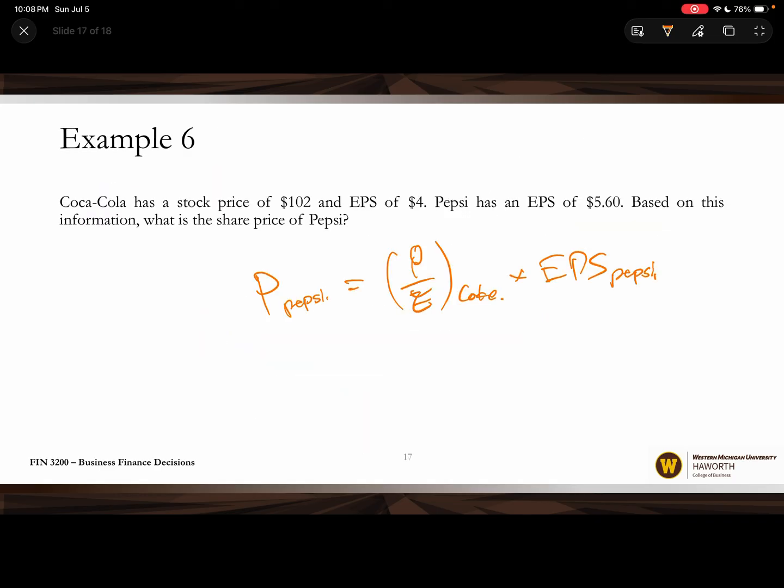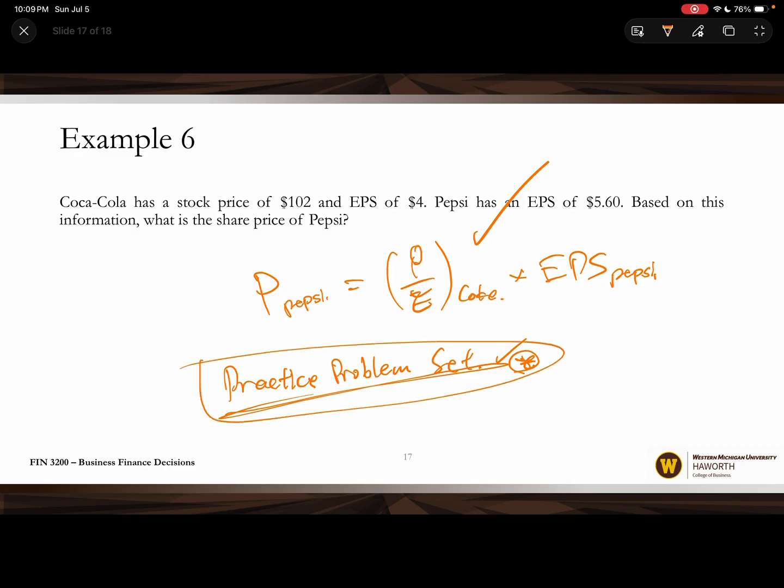You'll see that this problem is real easy, but for the exam, you need to look at the practice problem set. There aren't that many problems, but for some reason, a lot of students skip this, and you'll see a problem similar to this in a different format.